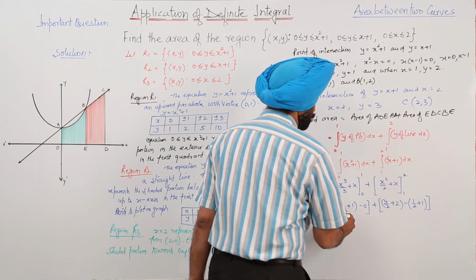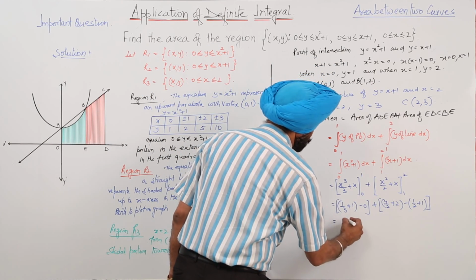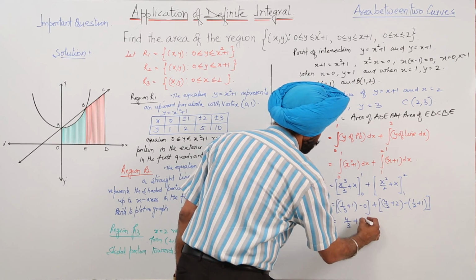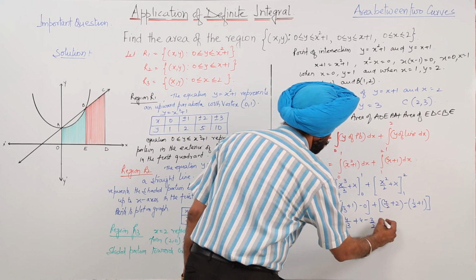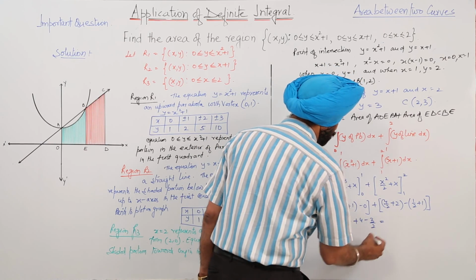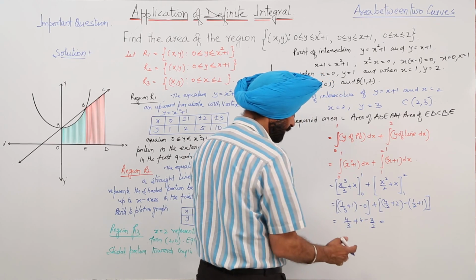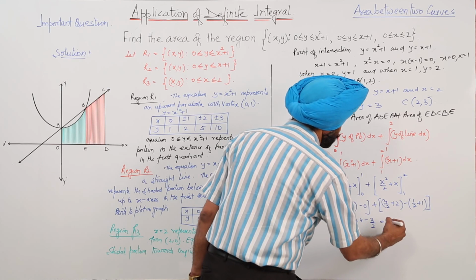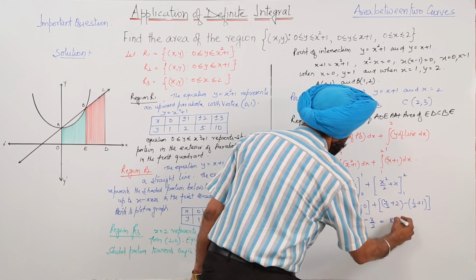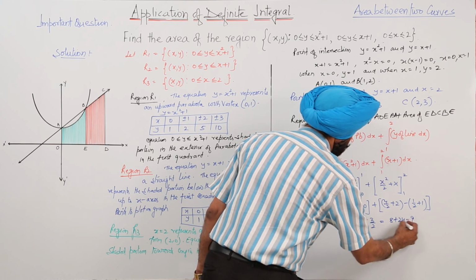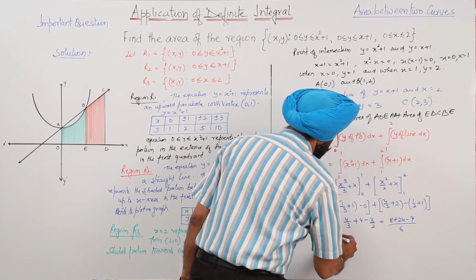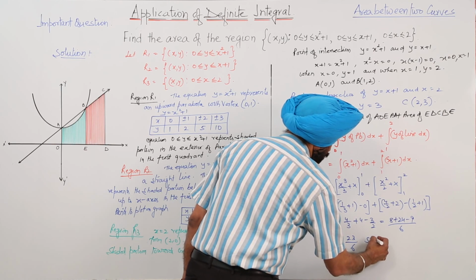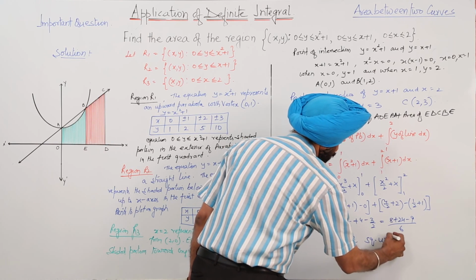Is it clear? Now this becomes 4/3 plus 4 − 3/2. After solving you can take the LCM, or you can directly do it. So taking the LCM, this becomes (8 + 24 − 9)/6, and this is equal to 23/6 square units. Answer.